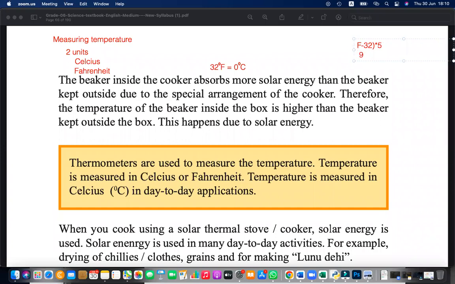You have to write it like this; the bracket is needed. And that is equal to the Celsius measurement. Here you have a division.